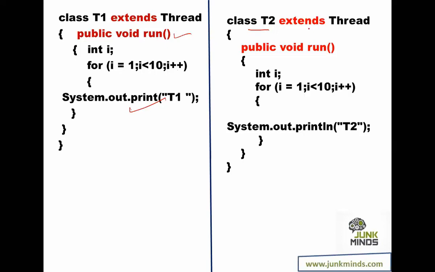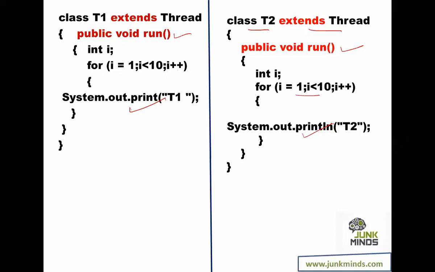Class T2 is also derived from class Thread, so T2 is also a thread class. Now I write a run method over here. In this run method, I write a for loop which will repeat 10 times and which will display T2. So as of now, I have two classes, T1 and T2, both capable of giving me threads. I haven't created a thread as yet.